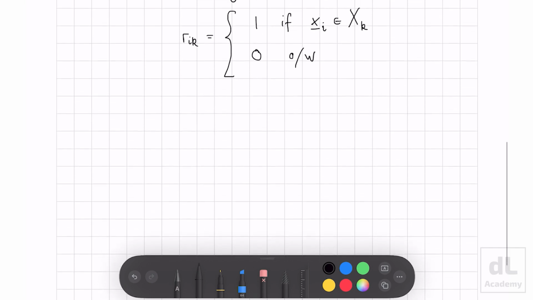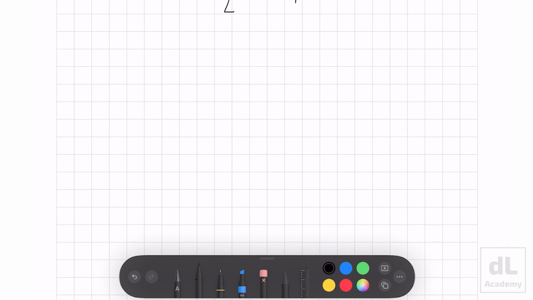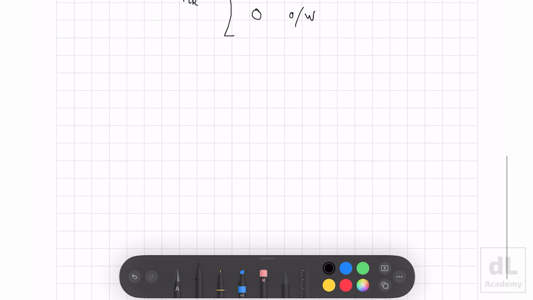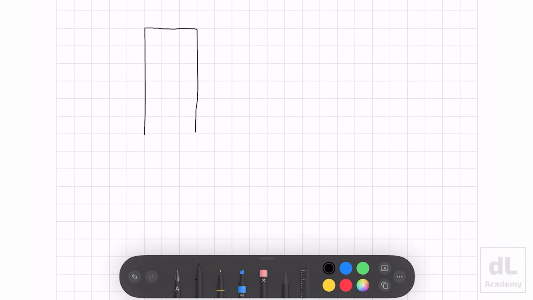It's probably easier to see what this means graphically, so let's go through a little example. This flag r_ik can be seen as a matrix, or a table if you're not familiar with matrices. It has two indices. Let's draw this out. We have the clusters at the top in the columns, cluster 1, 2, and 3. Then we have the samples, 1, 2, 3, 4, 5, 6. Typically there'd be loads more samples, but I can't write them all out.